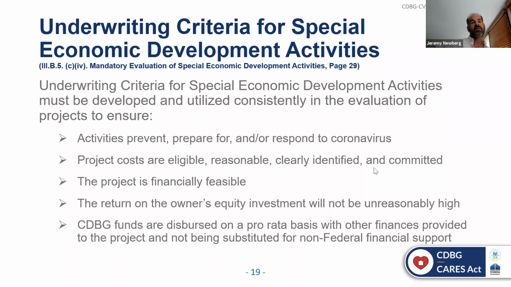The return on the owner's equity will not be unreasonably high. That is the undue enrichment criteria. CDBG funds are disbursed on a pro rata basis with other finances provided to the project and are not being substituted for non-federal support. So CDBG wants to be the gap money, and it doesn't want to be all in if other sources are coming in. It's a fairness provision. It's an unmet need provision.